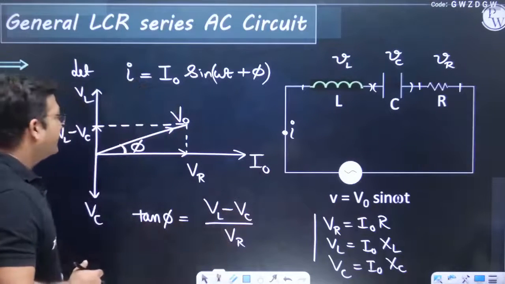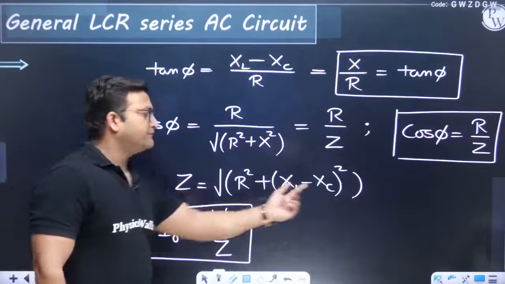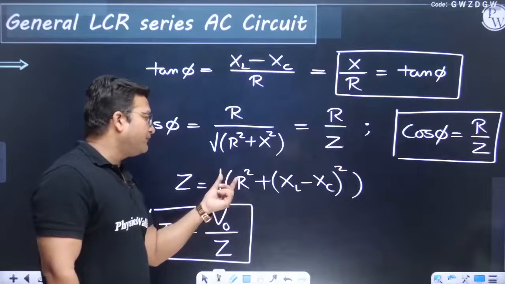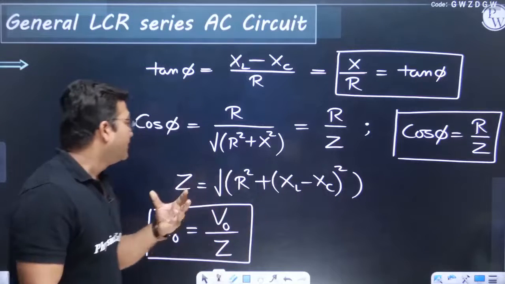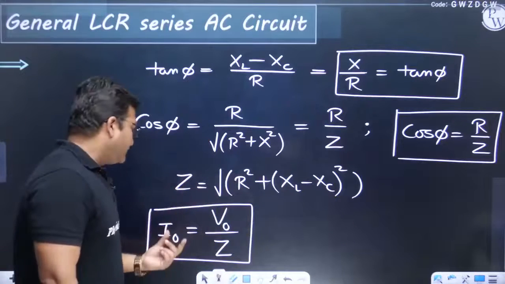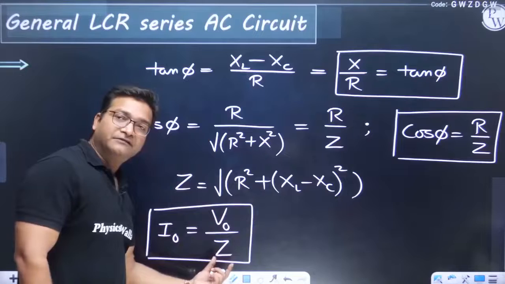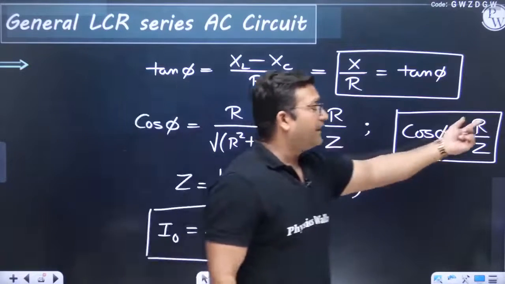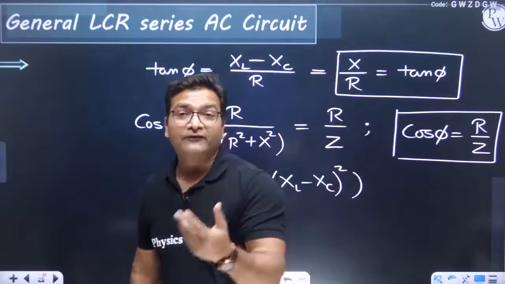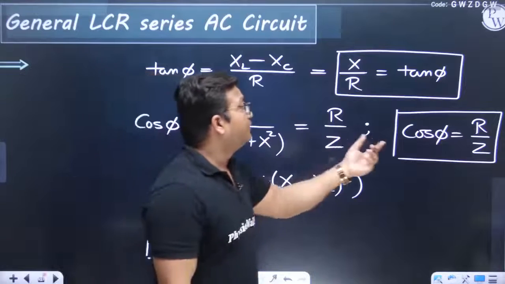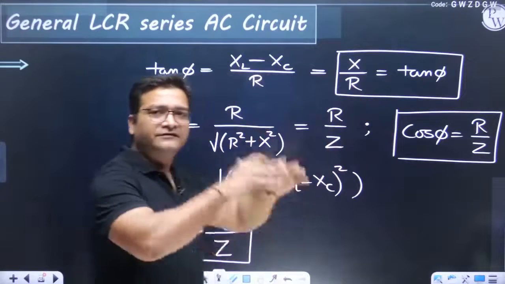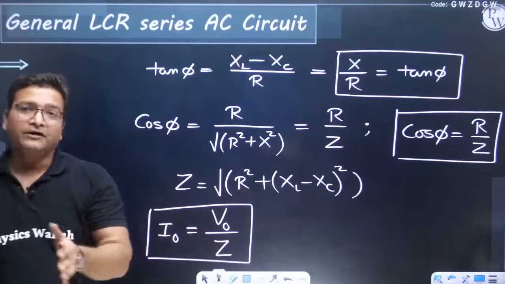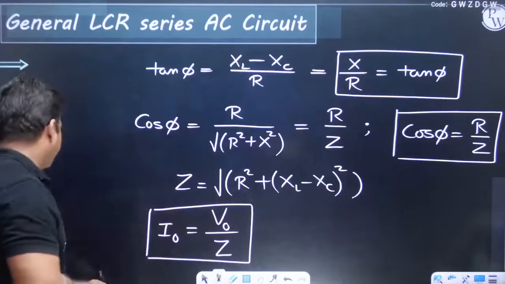Just remember the value of Z as the square root of the sum of squares of resistance and reactance of the circuit. When you find Z, the maximum current would be V naught by Z and the power factor would be R by Z. And if you are interested in finding phi, you can also use tan phi equals net reactance by R. And that is the simple summary of LCR series circuits.